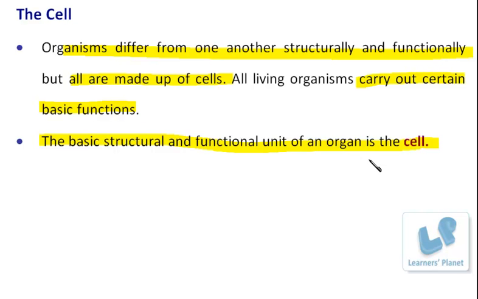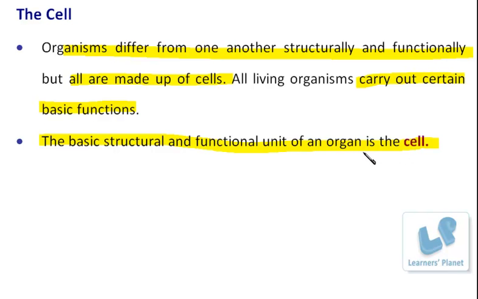And what is an organ? An organ is a group of different types of cells which are working together to perform a certain function. But in the case of a unicellular organism, there is only a single cell which is performing all different types of functions. So the word organ could not be used over there. So it is better to use the term organism instead of organ, right? This is just by mistake I've written here.